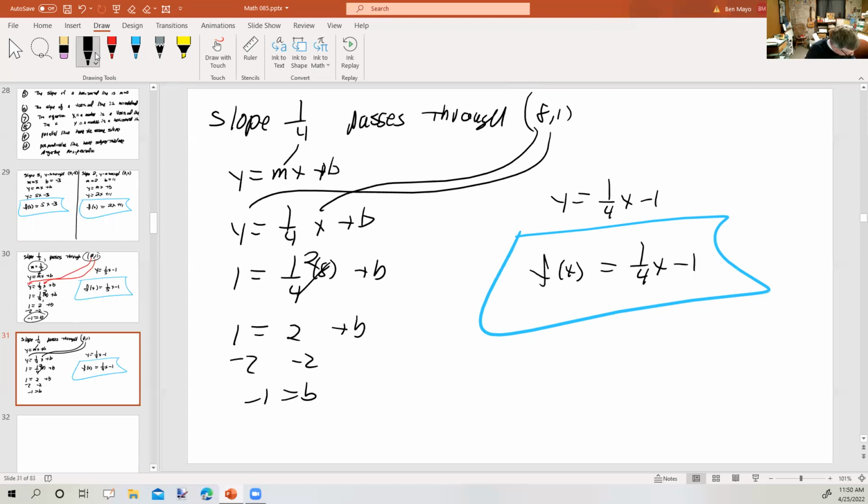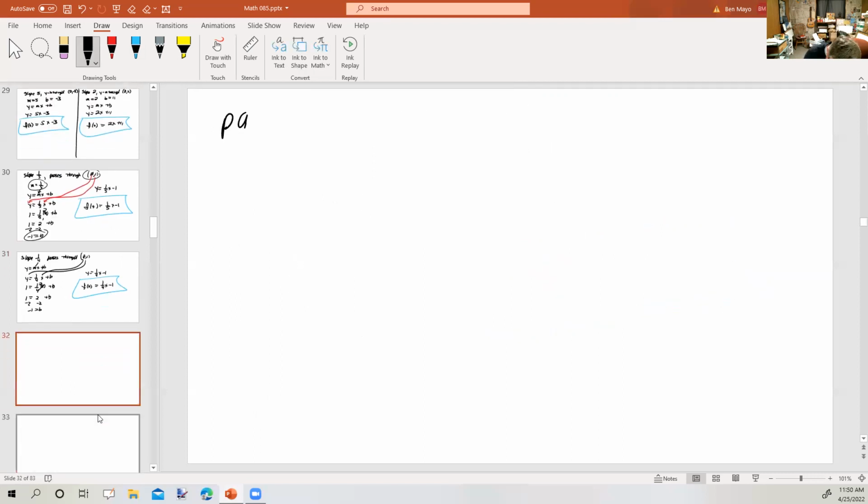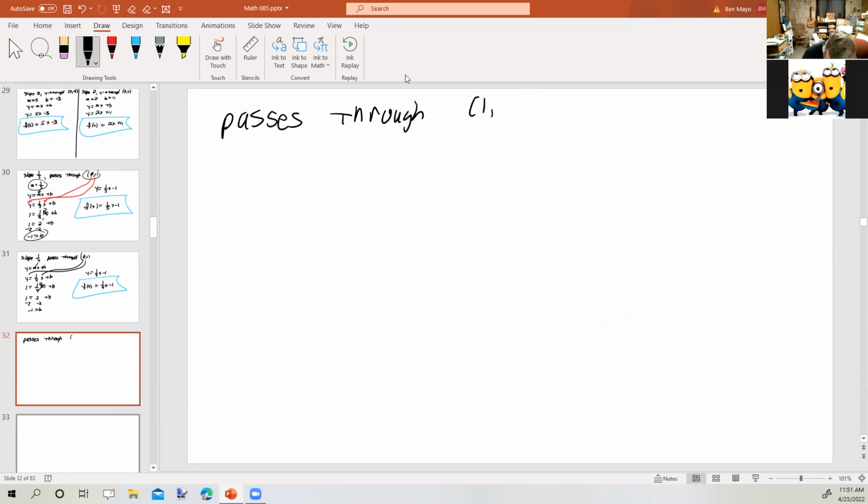Write an equation for a linear function whose graph has the given characteristics. It passes through (1, 7) and (-2, 1).